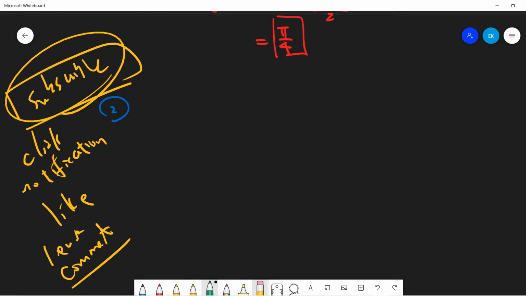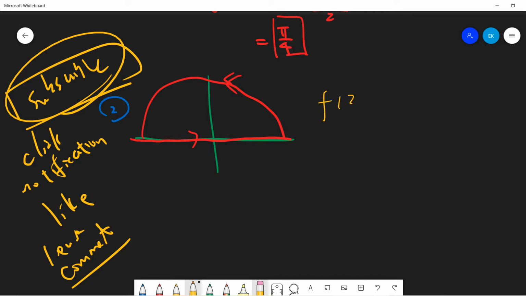Next we talk about complex integration, so let's do it quickly. The complex calculation is that you choose a contour like this, right? The idea is that your function f of z is 1 over (z squared plus 1) squared, and the only pole inside is at z equals i, right?